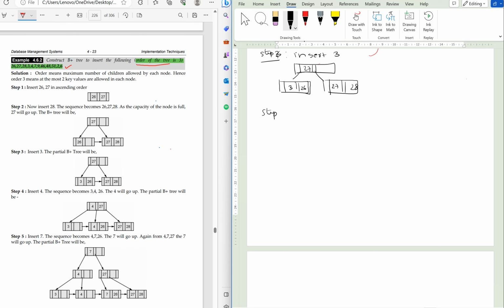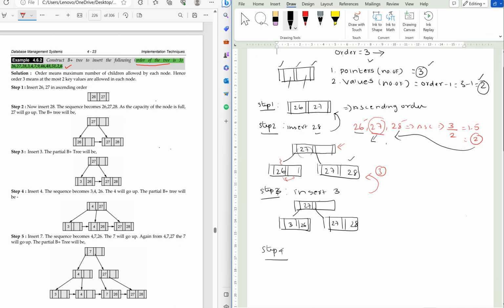So in step 4, we are trying to insert the value 4.